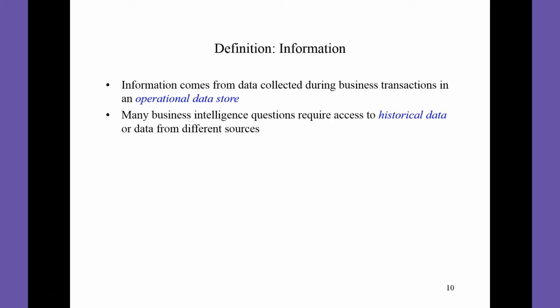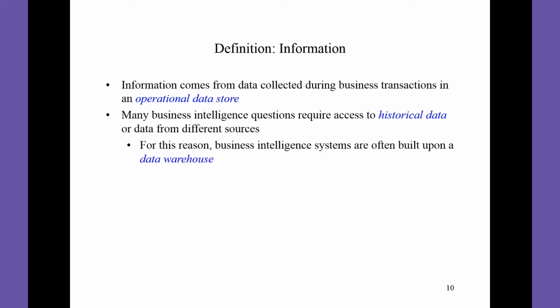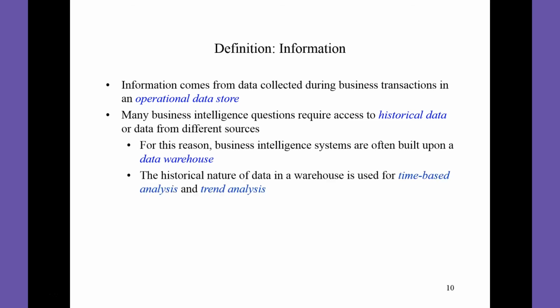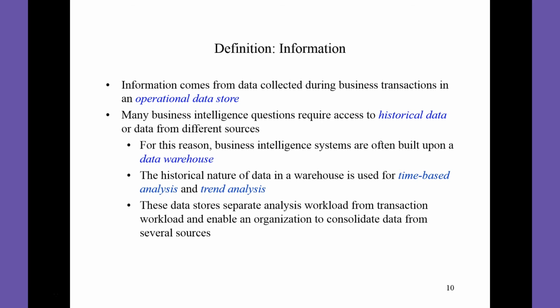Many BI questions require access to historical data or data from different sources. Because of this, business intelligence systems often are built upon a data warehouse, rather than a transactional database. The historical nature of data in a warehouse is used to accomplish time-based analysis or trend analysis.